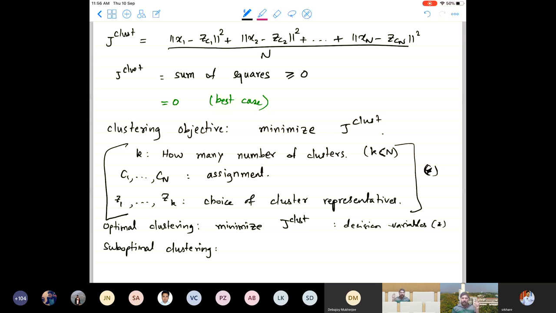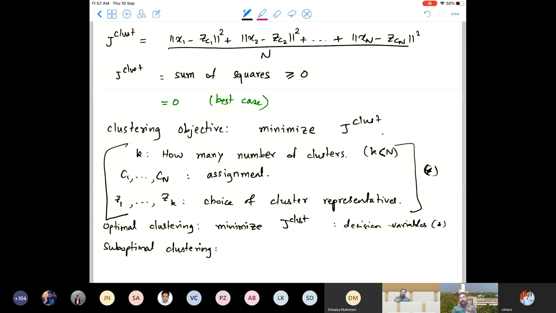The first is K, which tells you how many clusters there are. The second is C1, C2 up to Cn, which tells you how to do the cluster assignment for each data point or each vector. And the third is Z1, Z2 up to Zk, how to choose the cluster representatives.